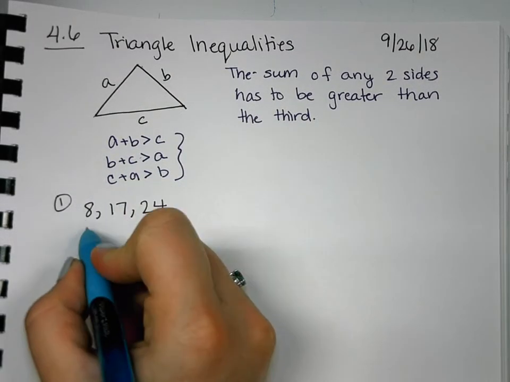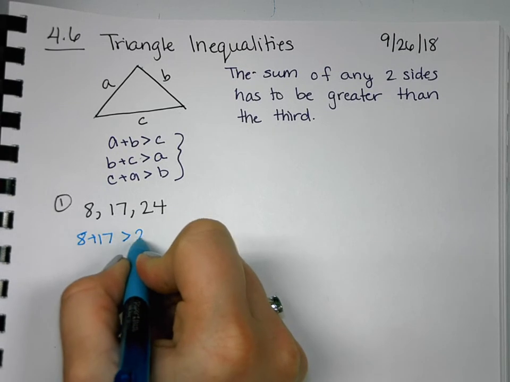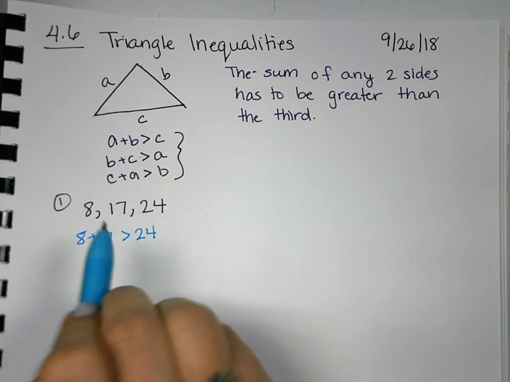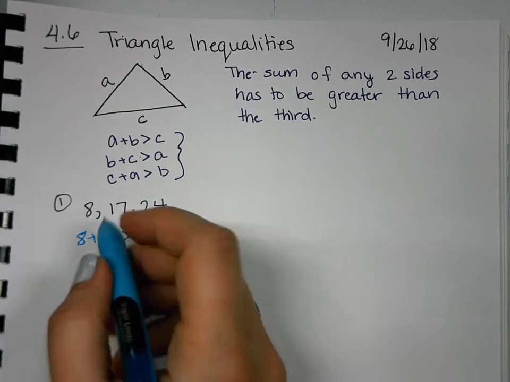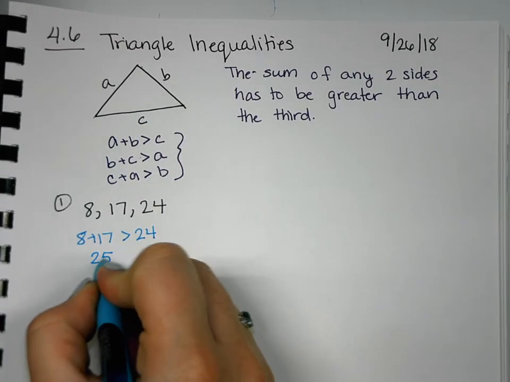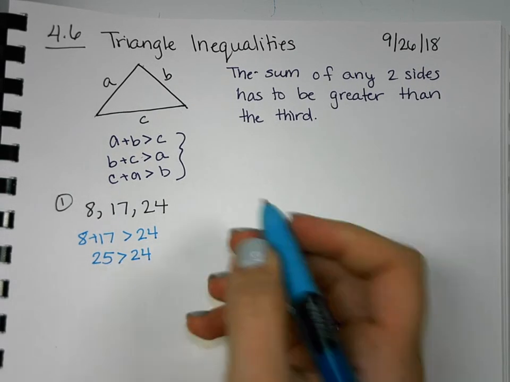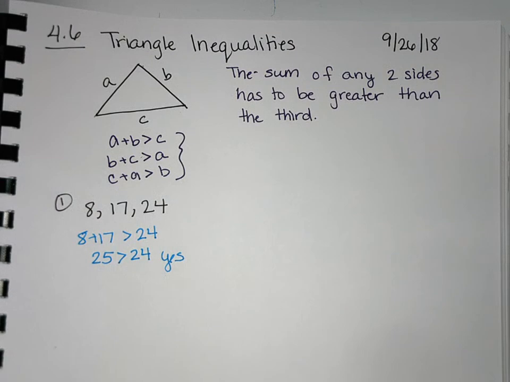I'm going to take two sides, 8 plus 17, is that greater than 24? So what's 8 plus 17? You can either add or do it mental math. Is 25 greater than 24? Yes. So we know that we're going to have a triangle.